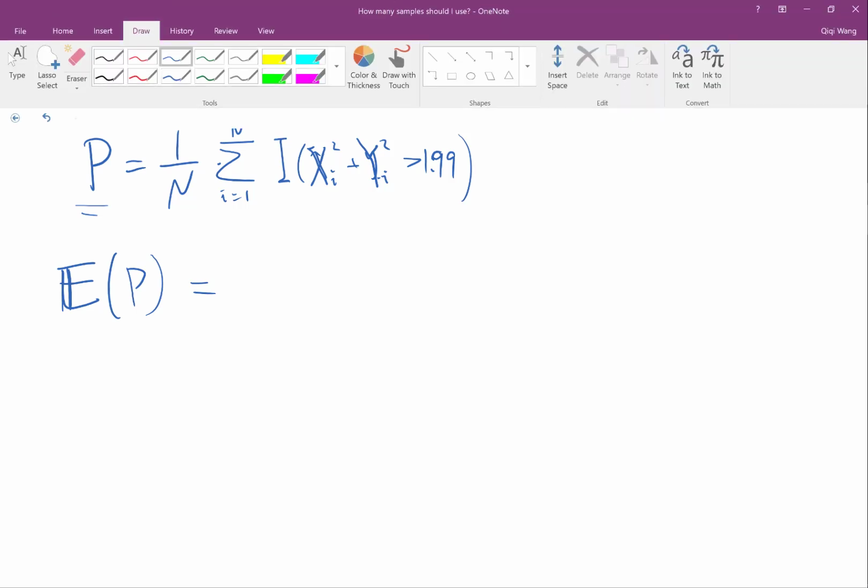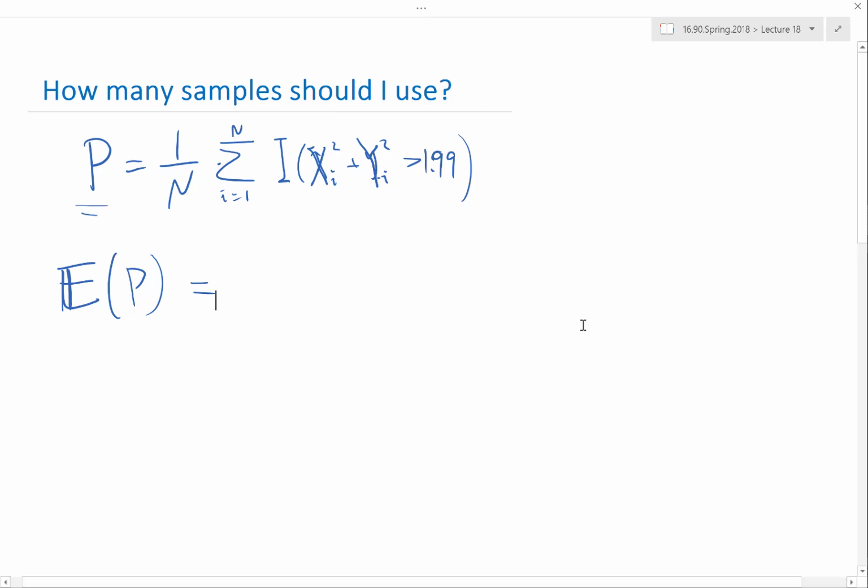A linear operator means if the operand is scaled by 2, the result is also scaled by 2, right? And if you have 2 operands that are added together, the result is also added together. So here, because P is equal to that thing, if P is scaled by 1 over n, I can move that 1 over n out of that expectation, and then we have expectation of a summation.